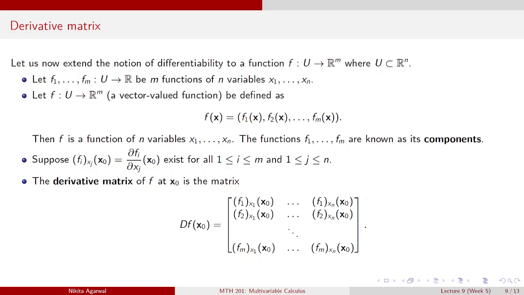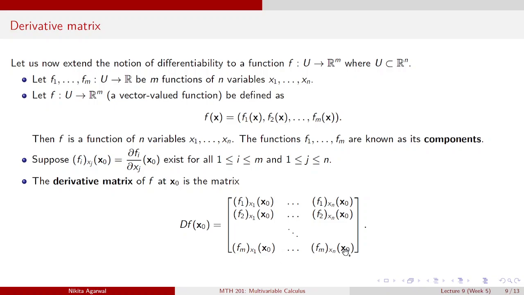So it is the same as what you have seen in linear algebra. If you take a linear transformation from Rn to Rm, the size of the matrix is m cross n, right? So it's the same thing. Now what is the first row? First row is all the partial derivatives of f1 at the given point. Second row is all the partial derivatives of f2 at the given point.